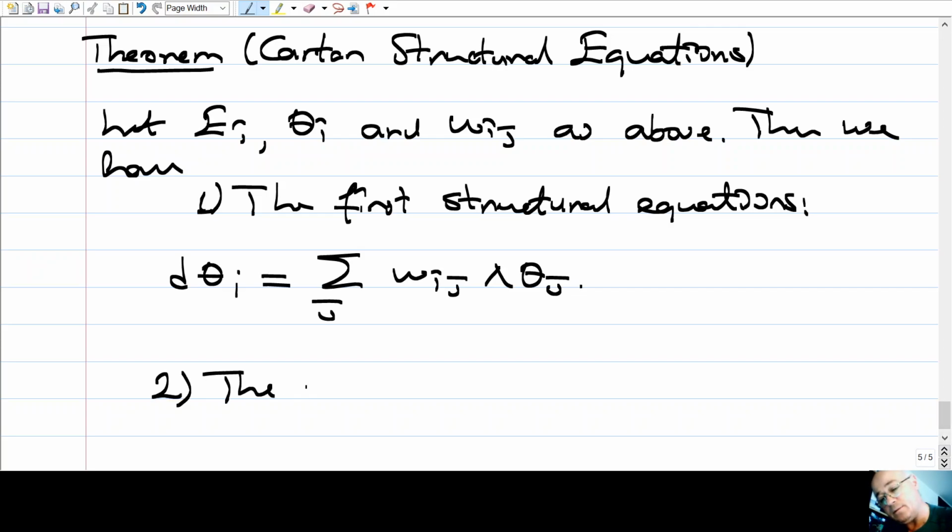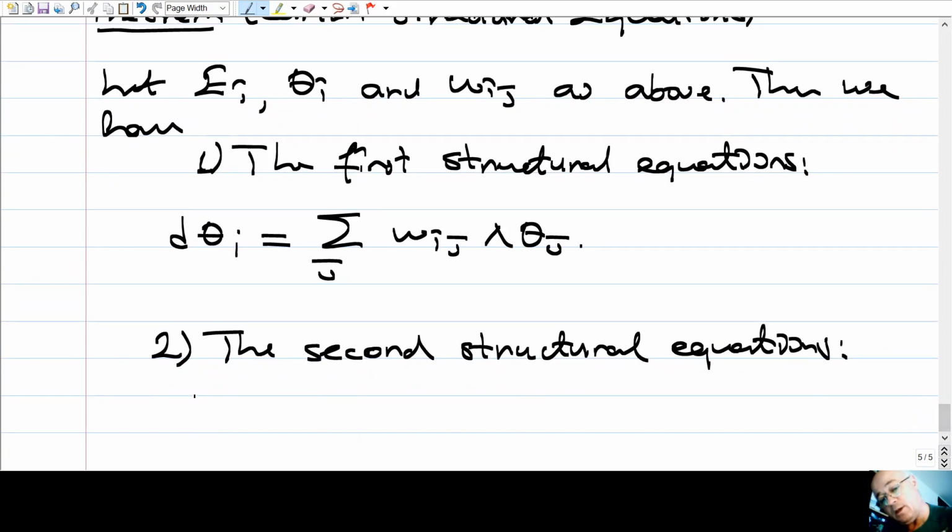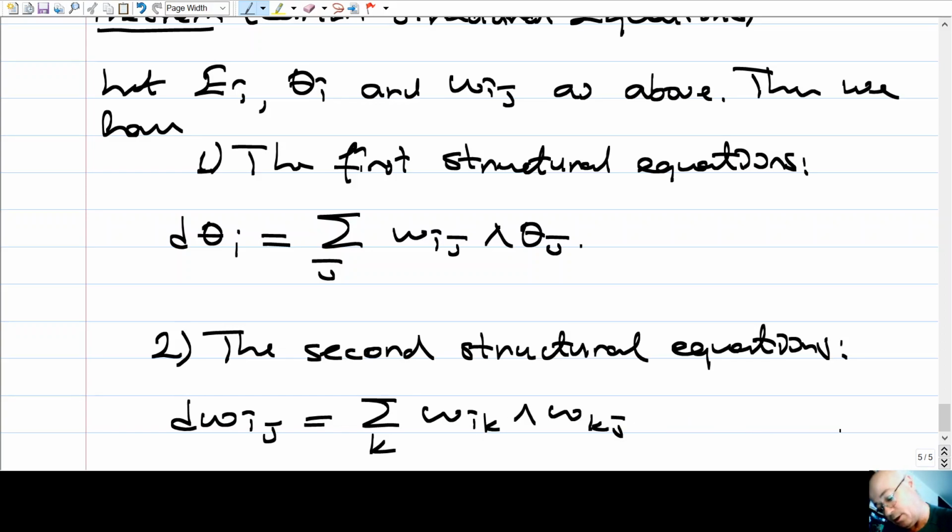The second structural equations give us the following for omega_ij. The derivative of the one form is given in terms of omega_ik wedge product omega_kj.